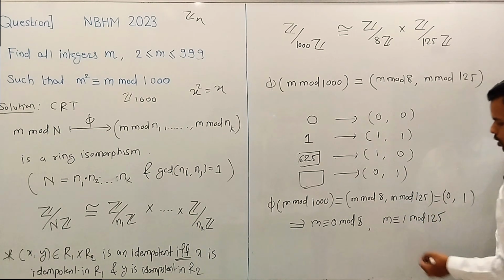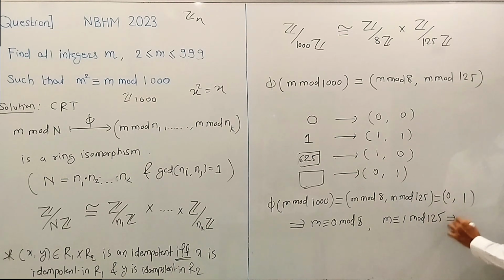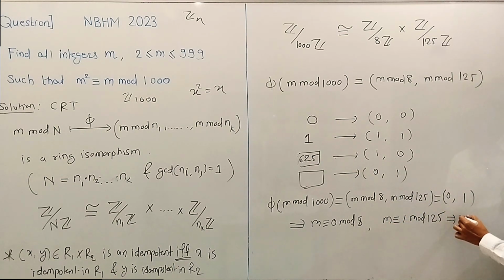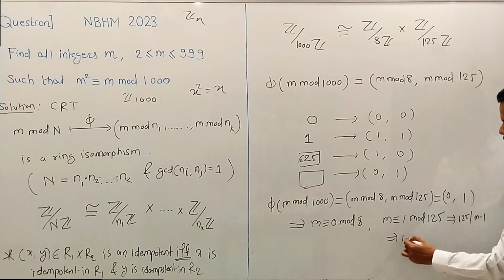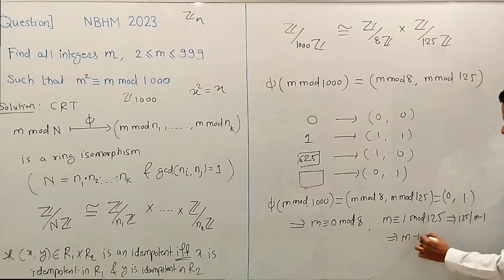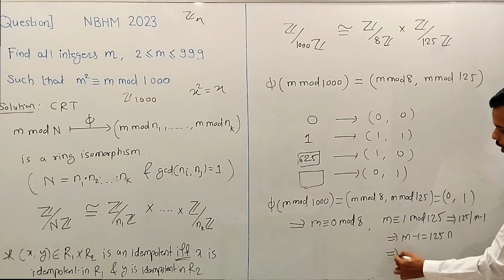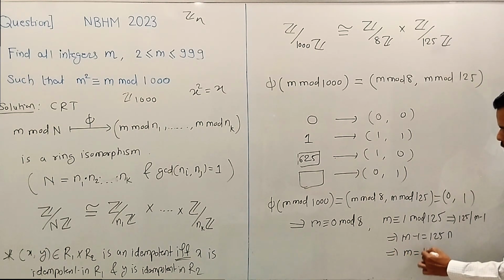So from here we have 125 divides m minus 1. So m minus 1 is a multiple of 125. That implies m minus 1 equals 125n, where n is some positive integer, and that implies m equals 1 plus 125n.